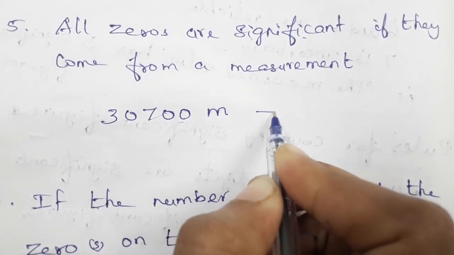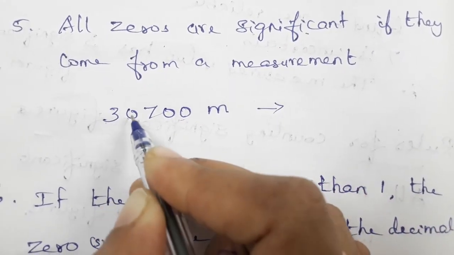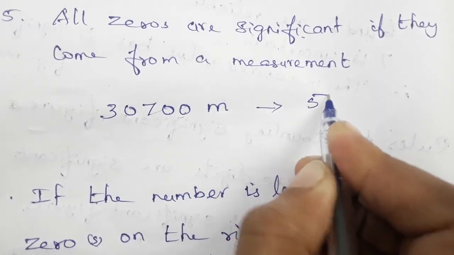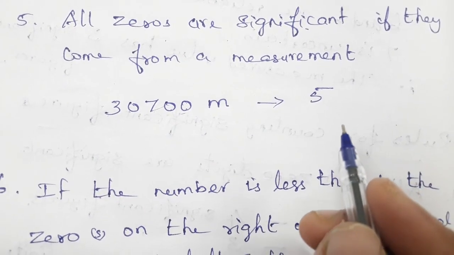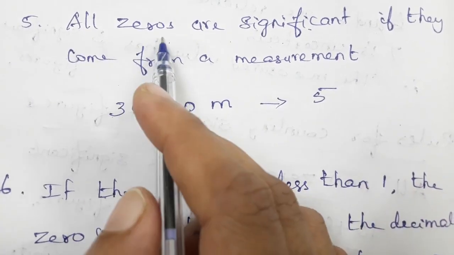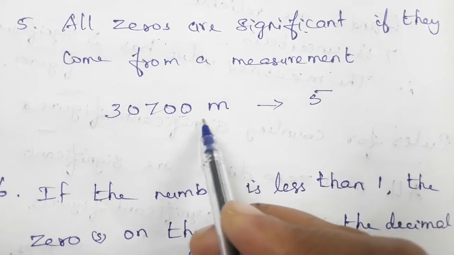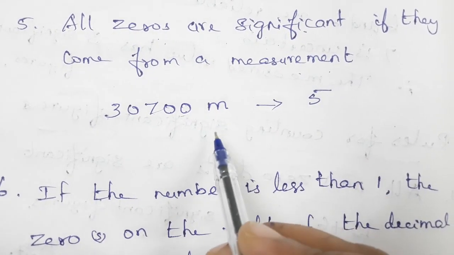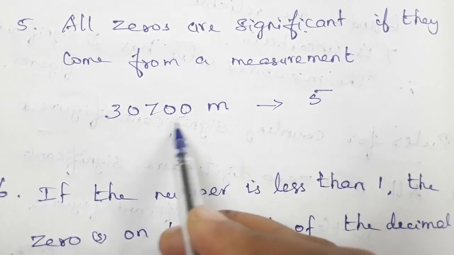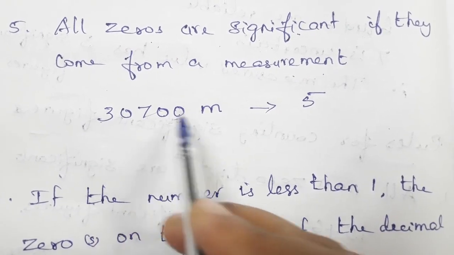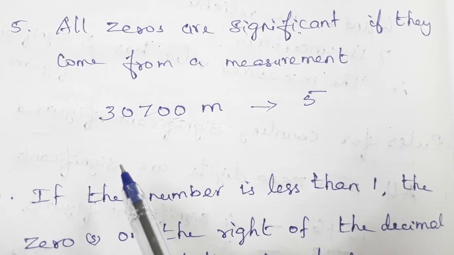How many significant figures for this number? 1, 2, 3, 4, 5. Here the meter shows us the measurement, so we can include these 2 zeros also. This number has 5 significant figures.